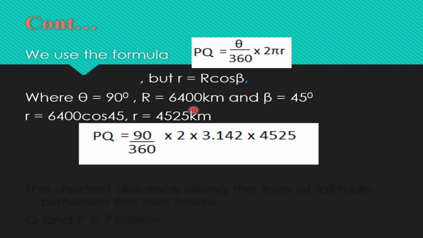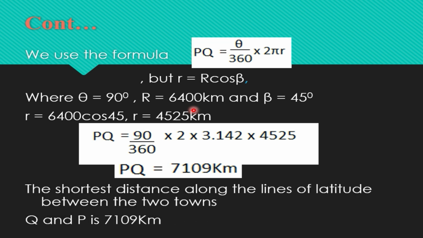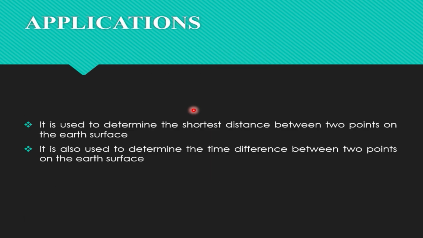That's the radius of the small circle. So we substitute inside the formula and you are good to go. Your answer for the shortest possible distance along the line of latitude between the two towns Q and P is 7,109 kilometers.